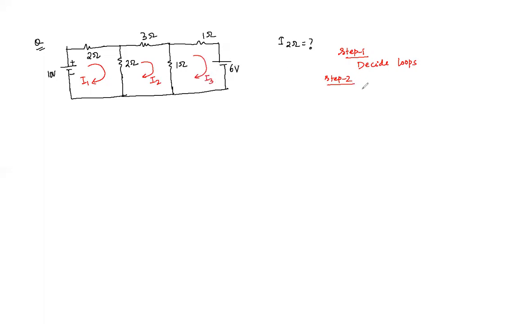That will be easy for computational easiness. So the next step is to apply the KVL in loop 1.